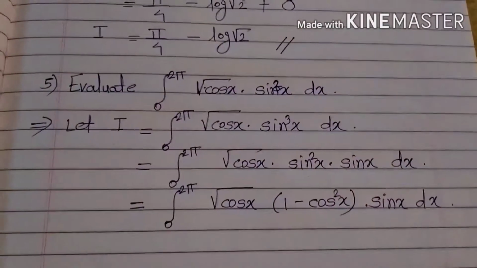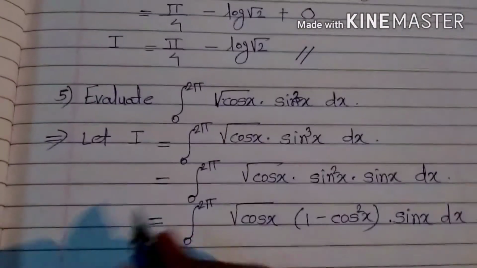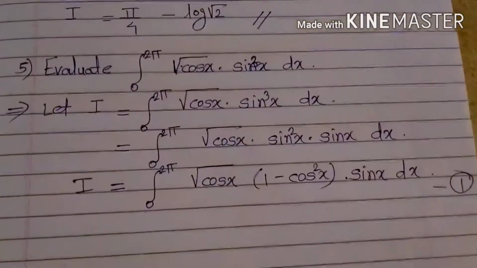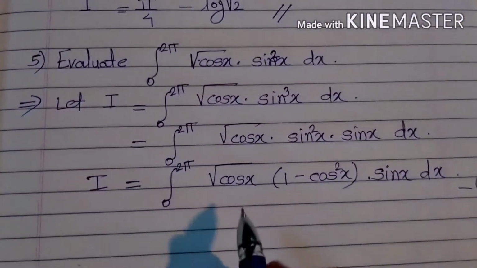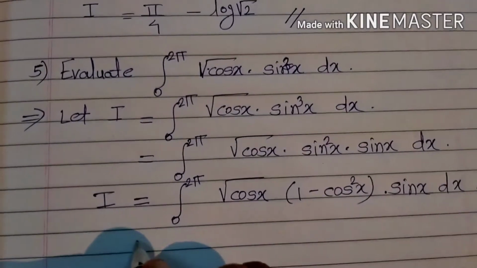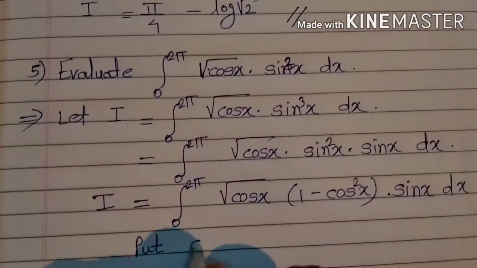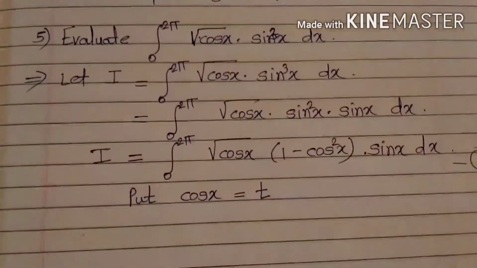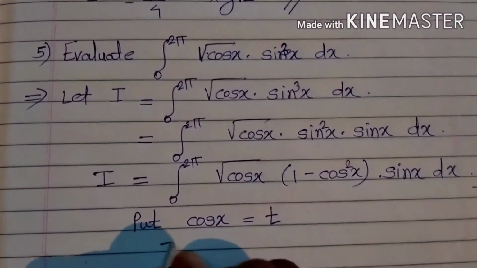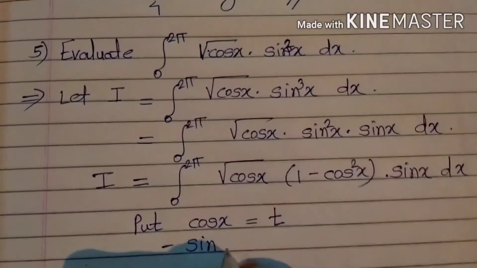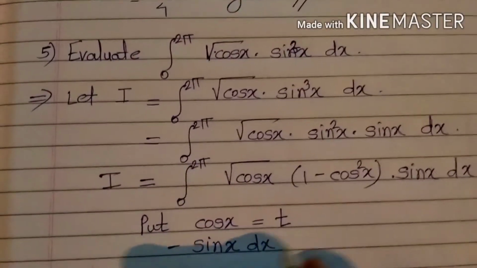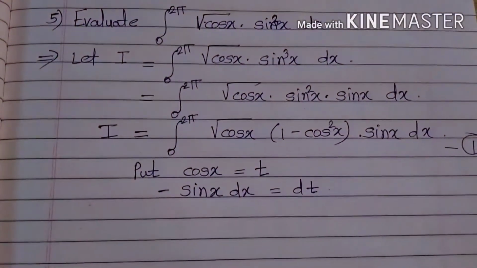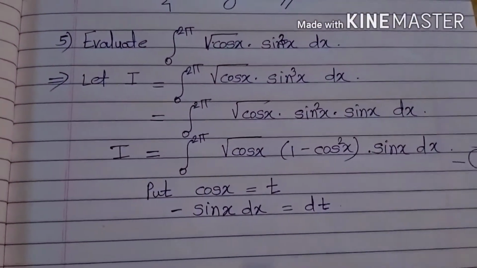Okay. Now this is an example of the substitution method. So here also we have to substitute some value. You can observe cos x, we can substitute cos x, put cos x equal to t. After differentiating, the differentiation of cos x is minus sin x dx, and here we get dt. Okay. But we have to change the limit also.